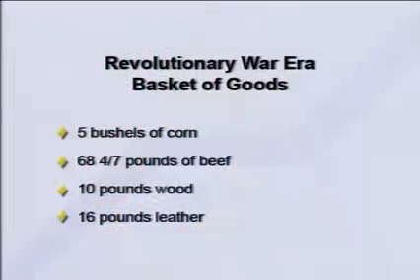So, the state of Massachusetts said, we'll pay whatever amount of money would buy the following basket of goods. The basket of goods was 5 bushels of corn, 68 4/7 pounds of beef, 10 pounds of wood, and 16 pounds of leather. And your pay was whatever would buy that group of goods.